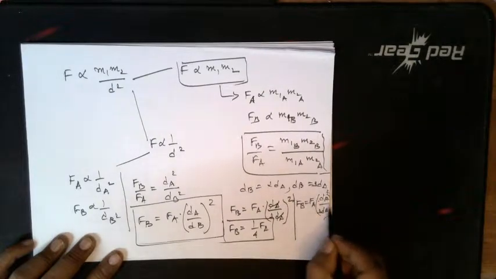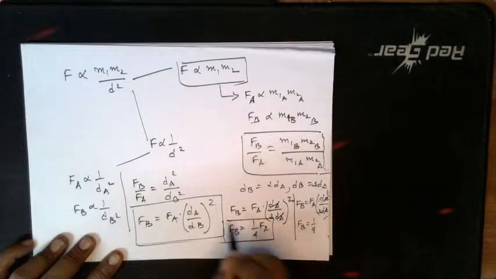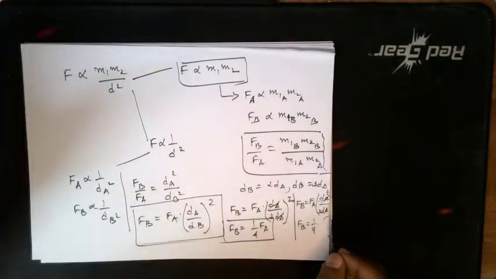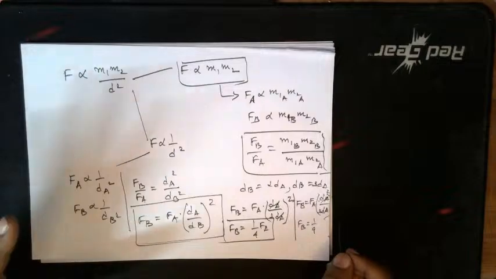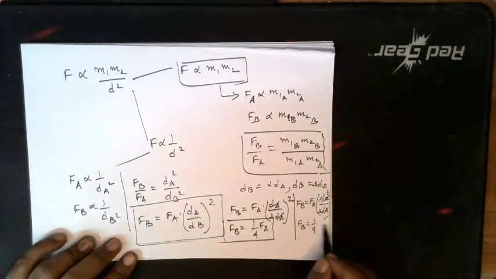Now you can cancel dA. 1 by 3 squared means 9. Therefore FB is equal to 1/9 of FA. So this is a very easy way. Instead of including the masses, you can ignore the masses, because masses are constant here. They are not changing the masses. Do you understand this point? Any doubt?